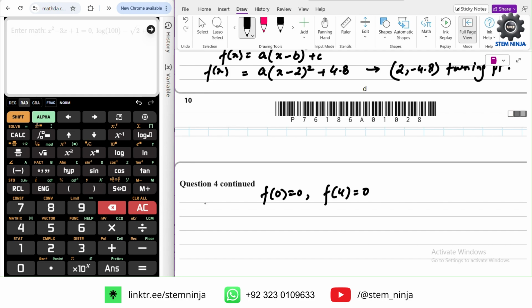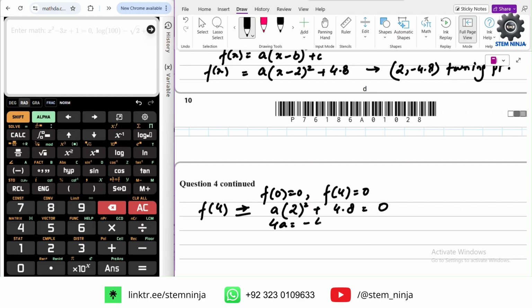So let's use f of 4. So f of 4 would be equal to a times 4 minus 2, which is just 2, whole squared, minus 4.8, equal to 0.